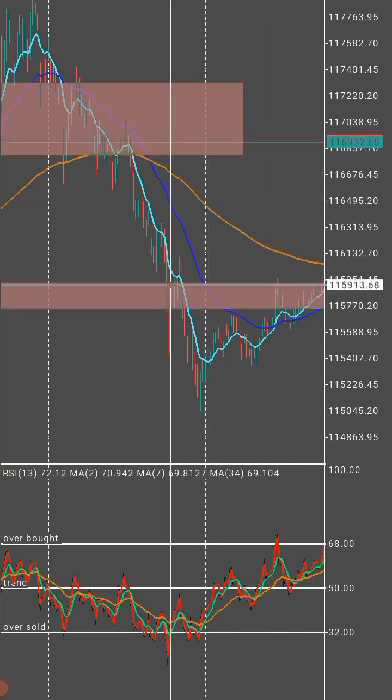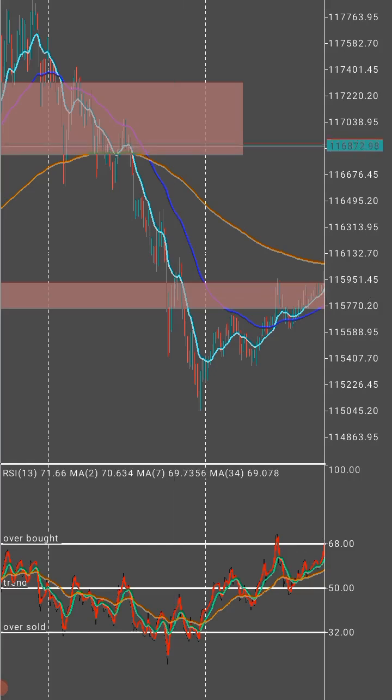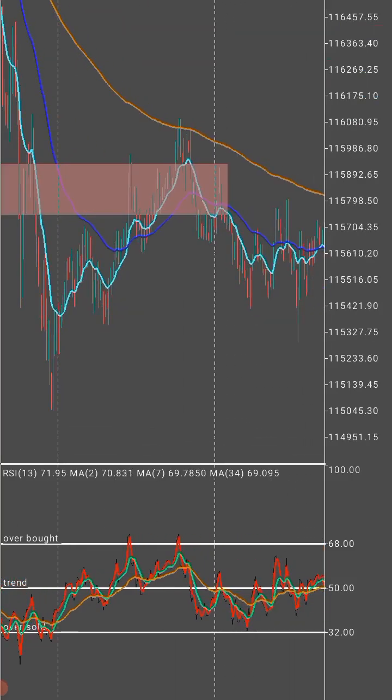Why? Because this particular place is actually a previous support, and most times price normally comes to hit and bounce at the previous support before moving to continue the trend.